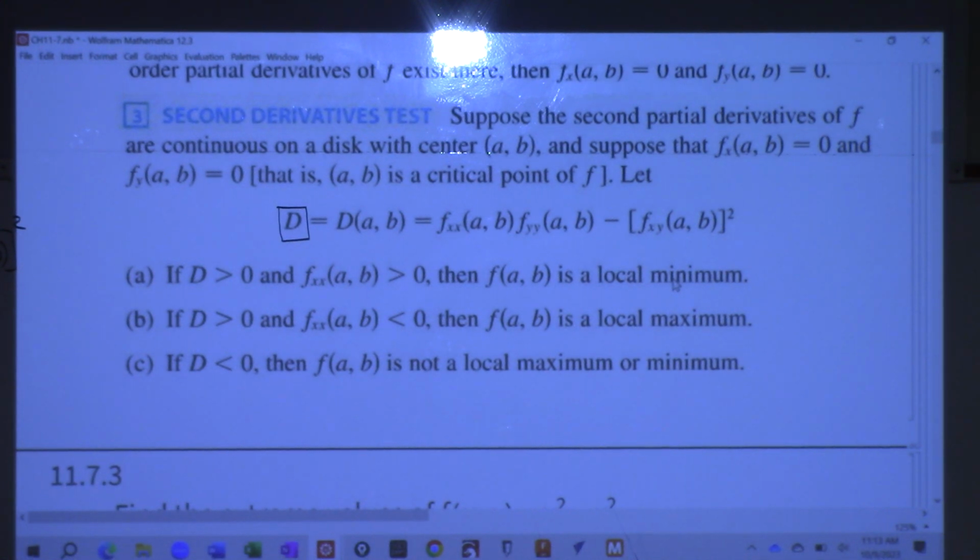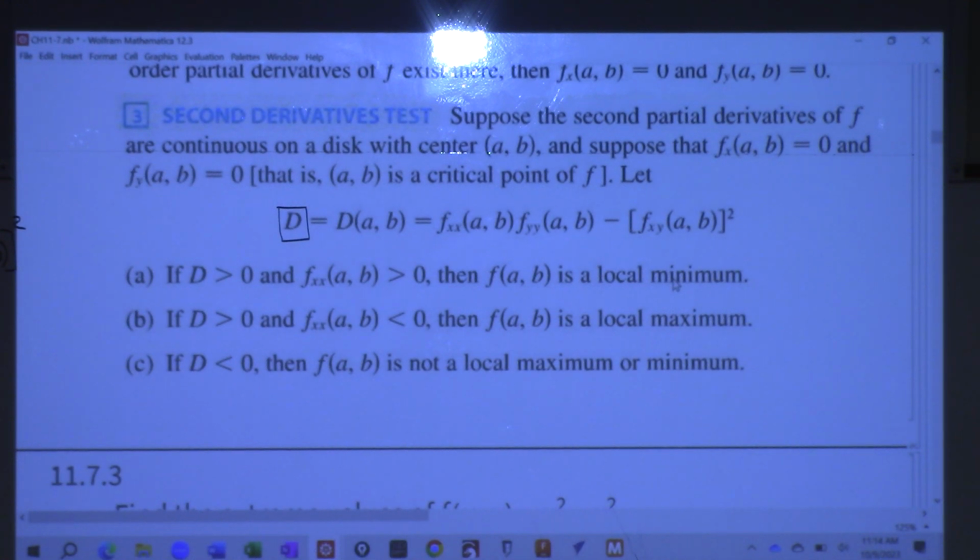For part B, if d is positive and the second partial with respect to x is negative, then you have a local max. And if d is negative, you have a saddle point.